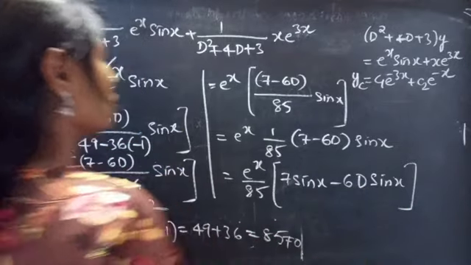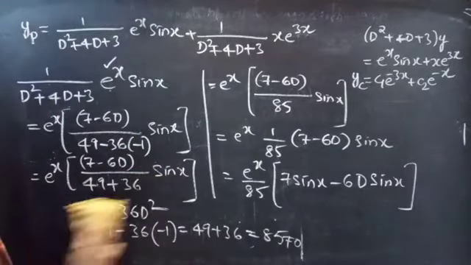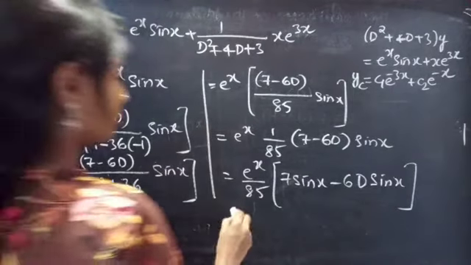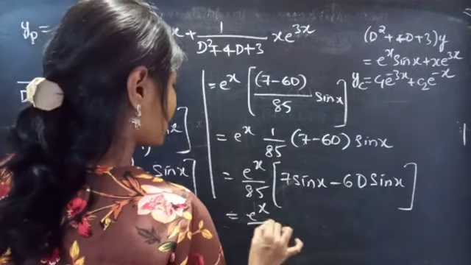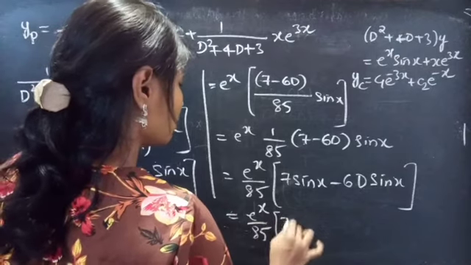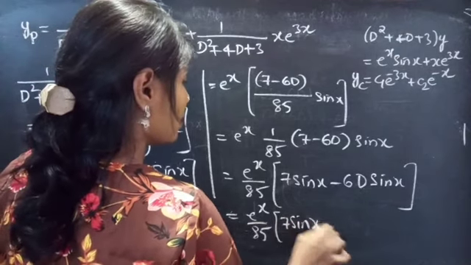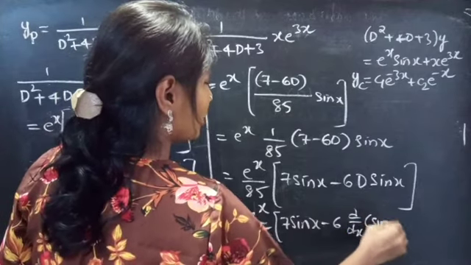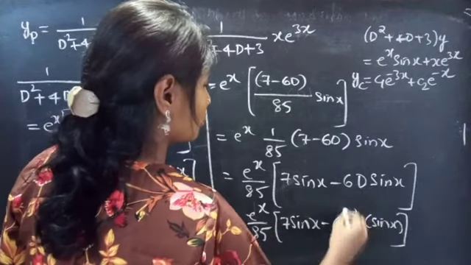In the next step, we need to find the derivative of sin x with respect to x. It is equals to e power x by 85 into 7 sin x minus 6 into derivative of sin x with respect to x.